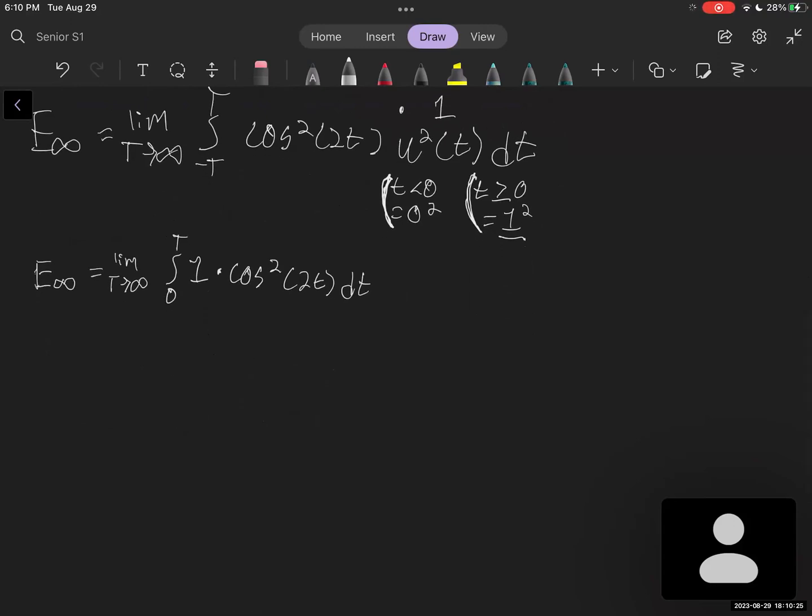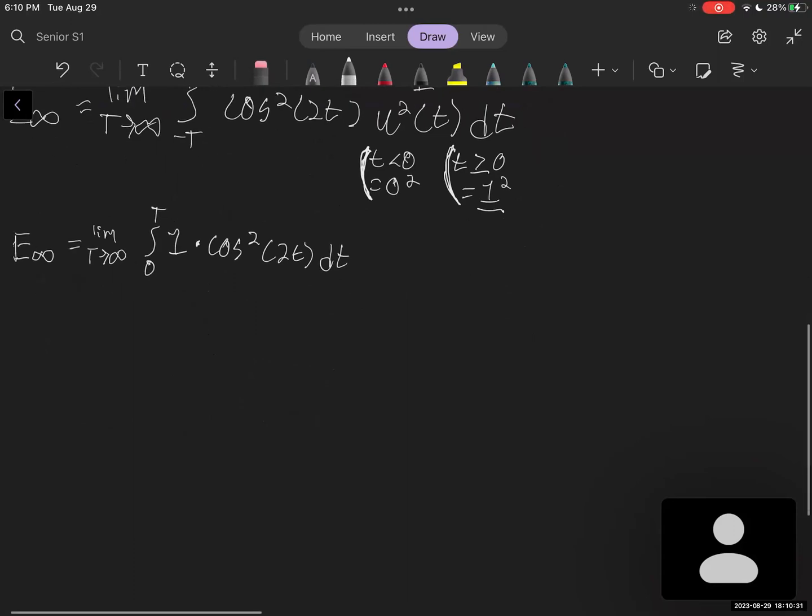Now, we're going to use some trig identities here to rewrite this in an easier format. So we know that sine squared of x plus cosine squared of x is always going to be equal to 1.